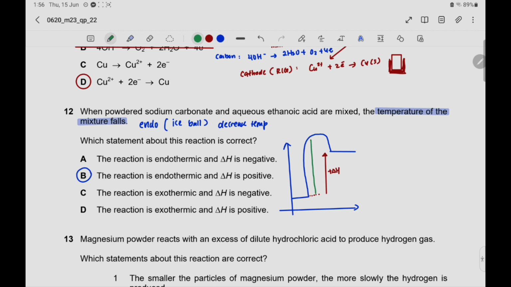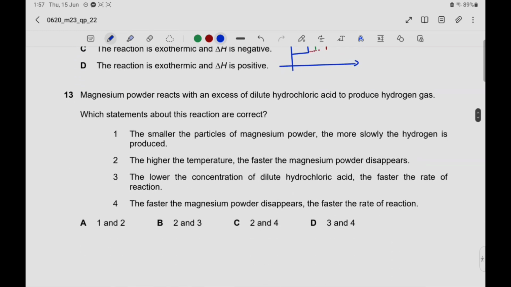The activation energy, if you still remember. That one we always talk about whenever we have a catalyst. And activation energy is the amount of energy required to start the reaction. So you can see here that they are increasing the energy. Your product has more energy than your reactant. That's why it is positive. So let's see the next one.